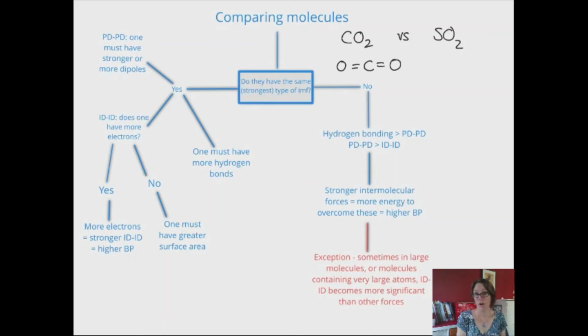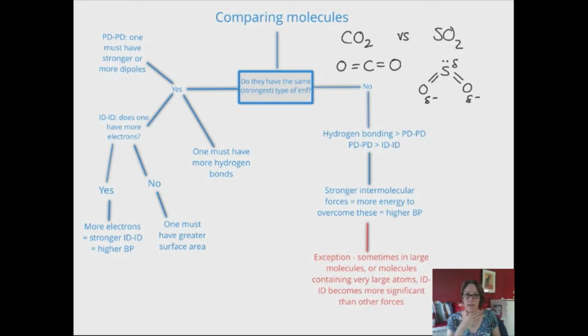Carbon dioxide, carbon's in group 4, so when it forms 4 bonds, it has no lone pairs. But sulfur's in group 6, so when it forms 4 bonds, 2 with each of the oxygens, it has a lone pair. And we looked at this when we were drawing our covalent molecules in the other video. So because it has a lone pair, its shape is not linear, whereas carbon dioxide is a linear molecule.